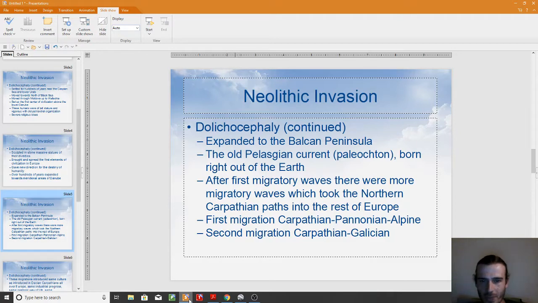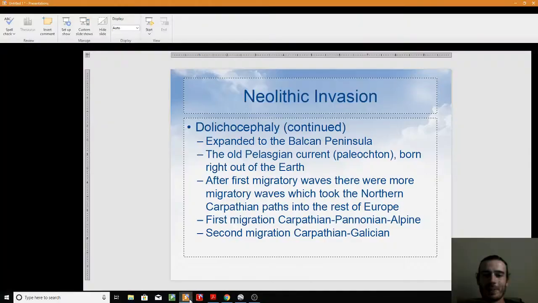So the first migration was called the Carpathian Pannonian Alpine, the second migration Carpathian Galician. These are actually sub-migrations of the second big migration. So the first one went towards the Balkanic Peninsula, and the second wave had two sections, one which went towards Galicia and one towards Pannonia and the Alpine mountains.